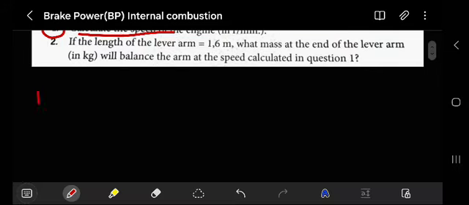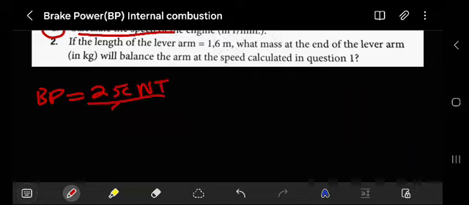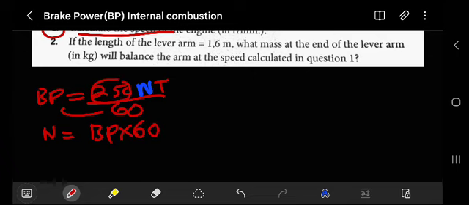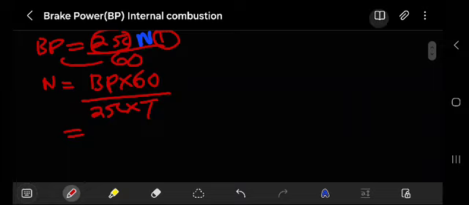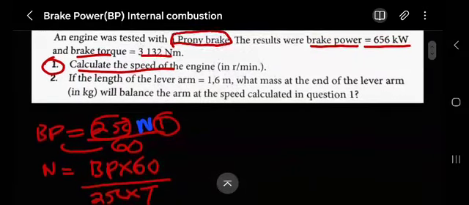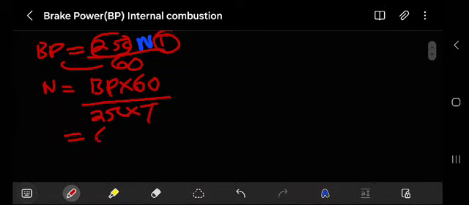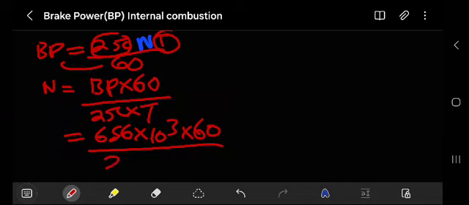It's nice. We've been given brake power, and we know it is 2πNT divided by 60. We want N, so we can make N the subject. If we make N the subject, it will be brake power multiplied by 60, divided by 2π and torque. So we can substitute: the brake power is 656 kilowatts times 10 to the power of 3, multiplied by 60, divided by 2π.